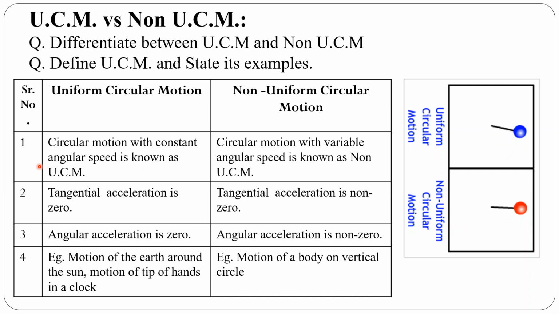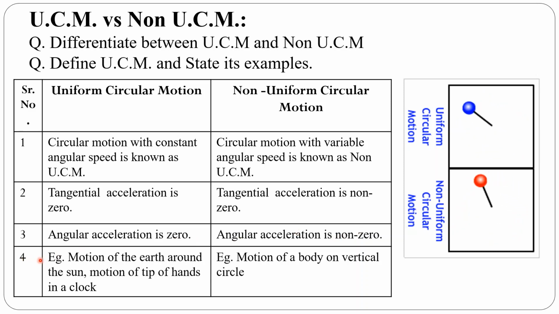So the main three points of difference: first, the definition, constant angular speed for uniform circular motion and variable angular speed here. Second, tangential acceleration is 0 here and non-zero there. And angular acceleration is 0 for UCM and non-zero for non-UCM.